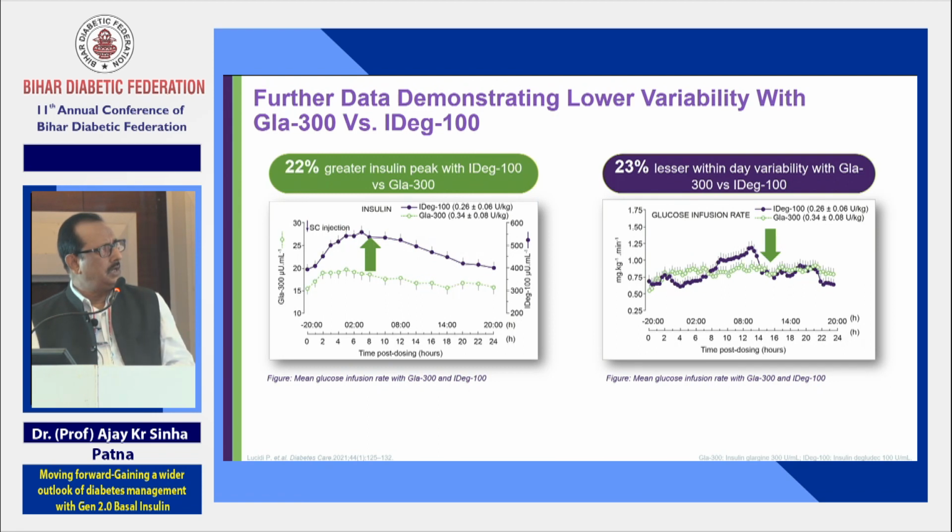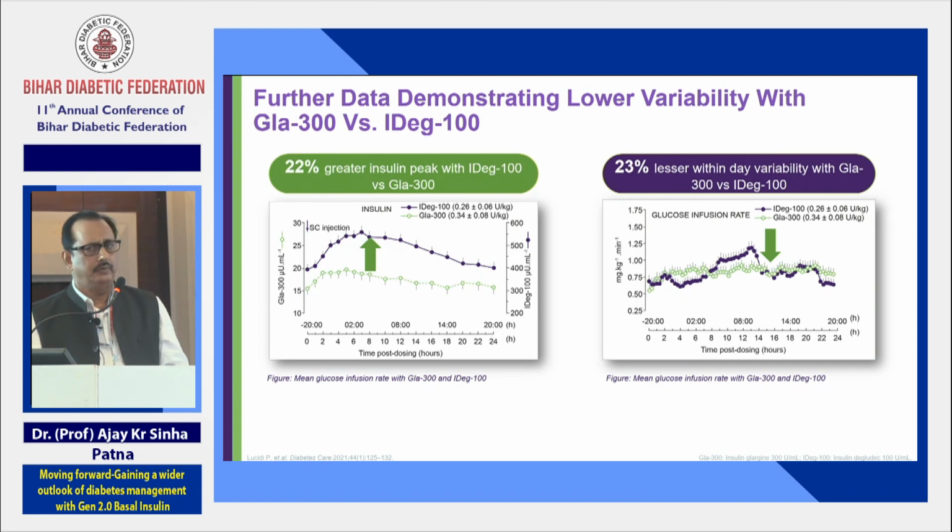Again, further data demonstrating it has been compared with IDeg 100, GLA 300 with IDeg 100. Most of the trials have been done comparing GLA 300 and the popular IDeg 100. They found that in this study, 22% of patients had a greater insulin peak with IDeg 100. So greater peak, more hypos. There was 23% lesser within-day variability with GLA 300 versus IDeg.